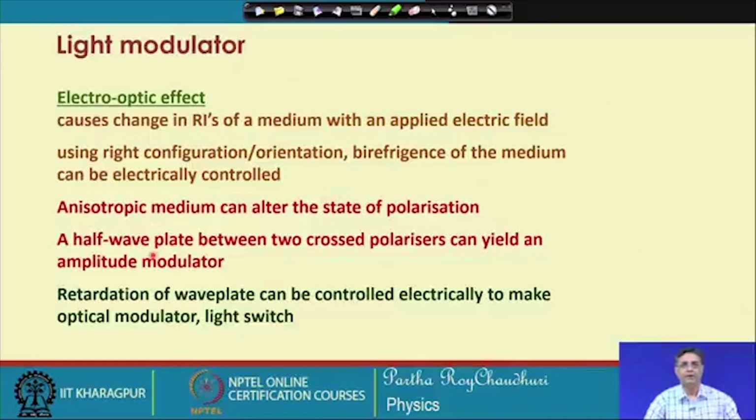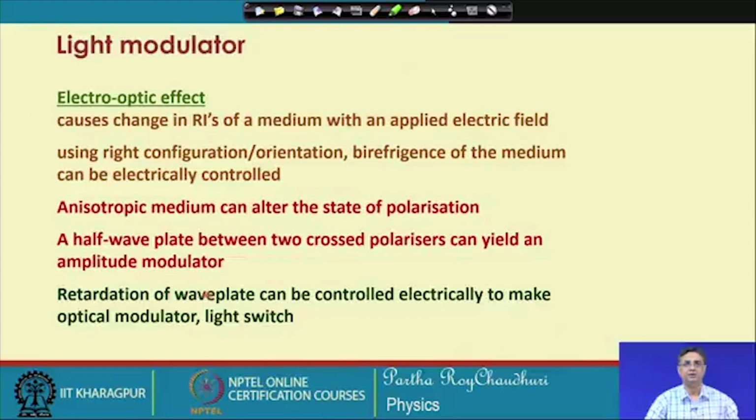A half wave plate placed between two crossed polarizers can yield an amplitude modulation. That is, if we have an analyzer and a polarizer and in between there is a half wave plate, then if the property of the half wave plate is modulated, the amplitude of the light which is exiting from the analyzer will be modulated.